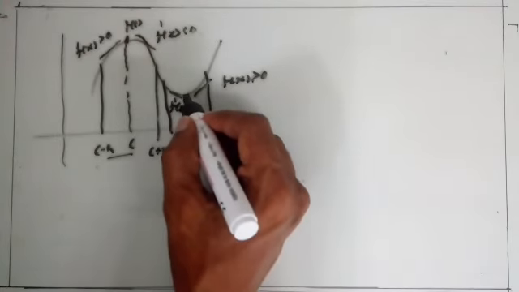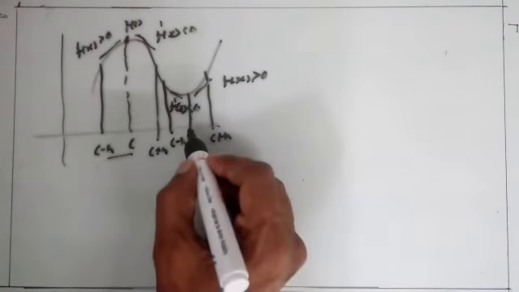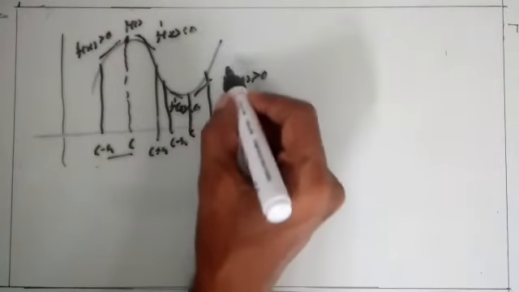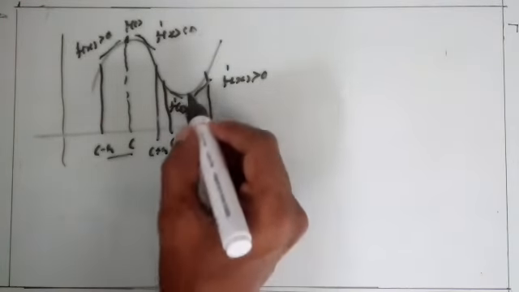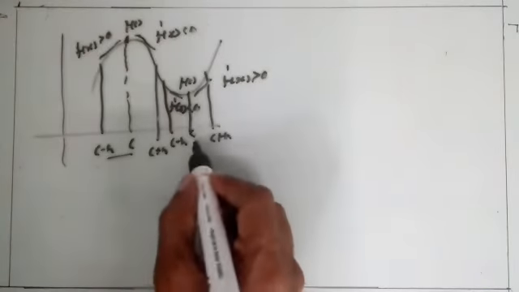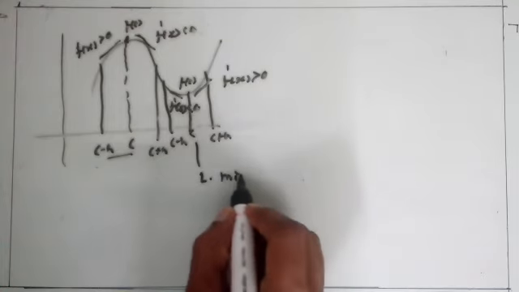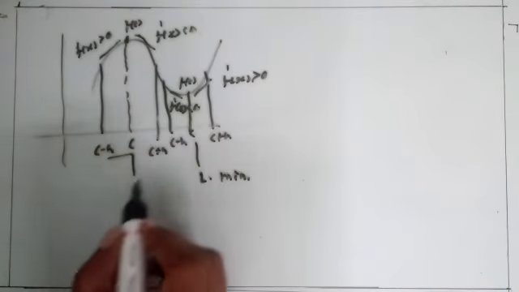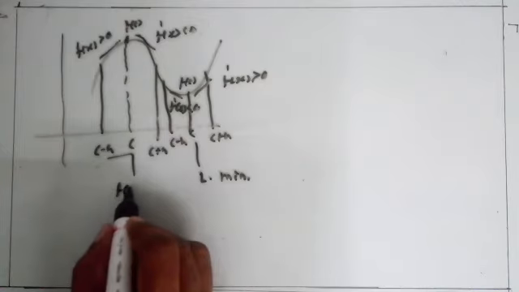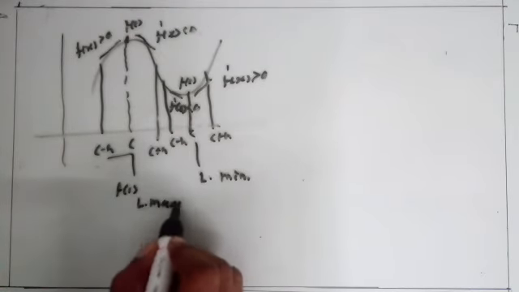So function becomes a decreasing function in C minus h to C, and in C to C plus h, function is an increasing function. So at C, f(c) becomes local minimum. Here f(c) becomes local maximum. Clear?